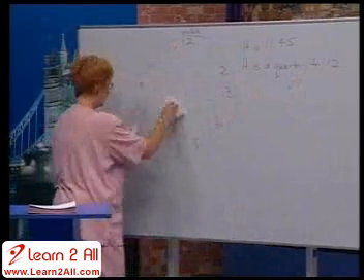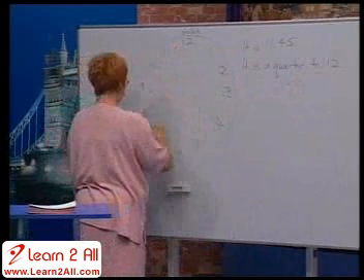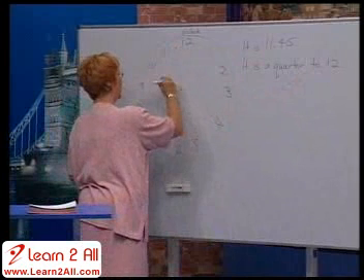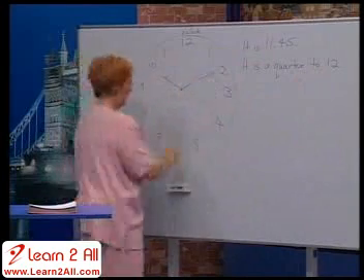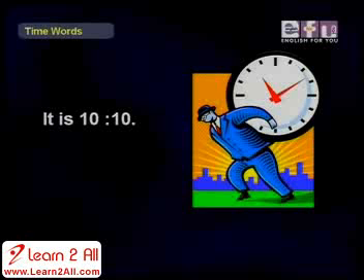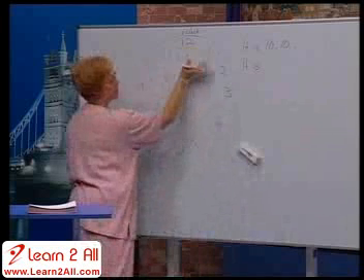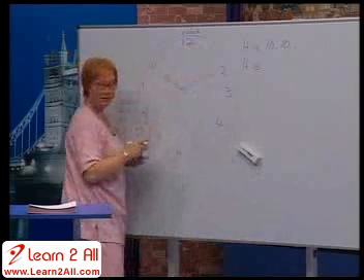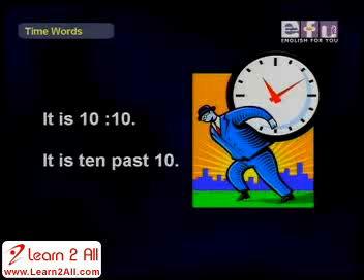Another example. We're going to see all sorts of times here. All right. Let's get the right color. It is 10. Now, this one's kind of easy. It is 10:10. Or we can say it is 10:10.